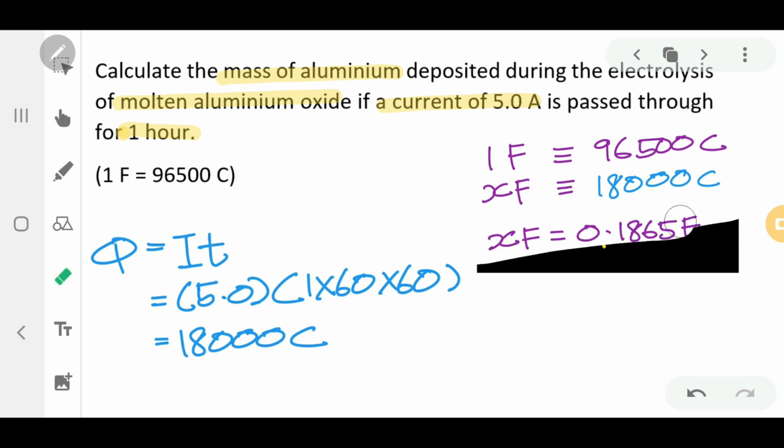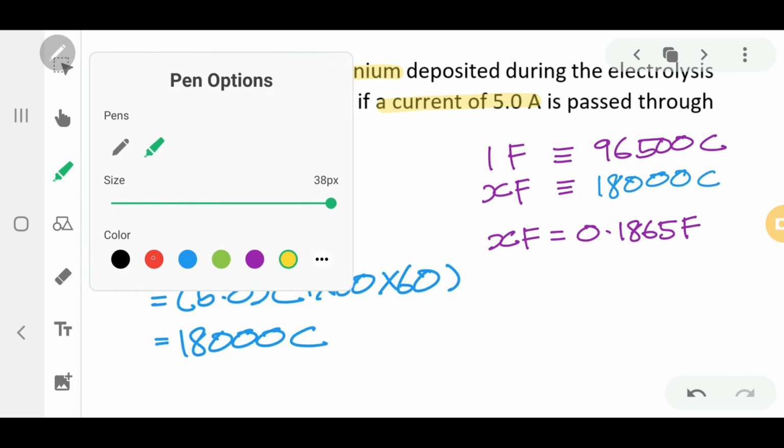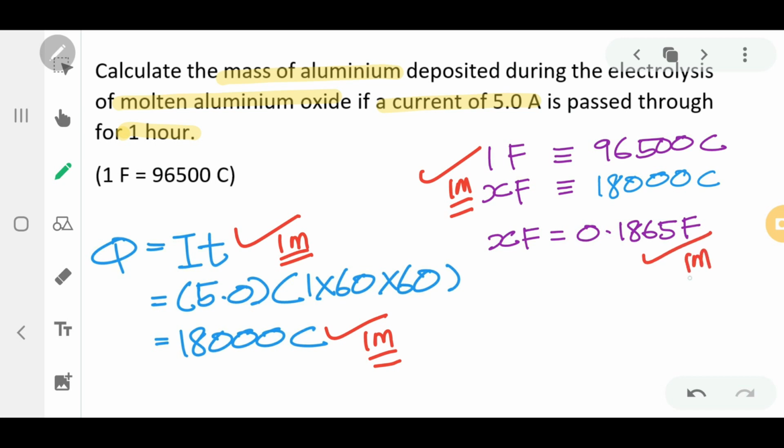Over here, you'll get the Faraday. You'll get 1 mark for this, 1 mark for that, 1 mark for this proportionality, and 1 mark for finding out the Faraday right there.